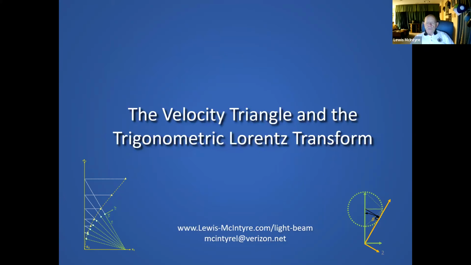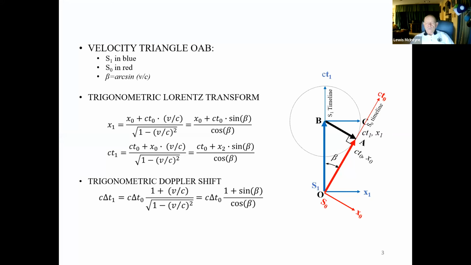First, we're going to introduce what I call the velocity triangle and the trigonometric form of the Lorentz transform and Doppler shift derived from it. The triangle OAB, shown on the right, is based on the fact that all matter moves with a proper velocity equal to the speed of light, defining the direction of that travel as time.